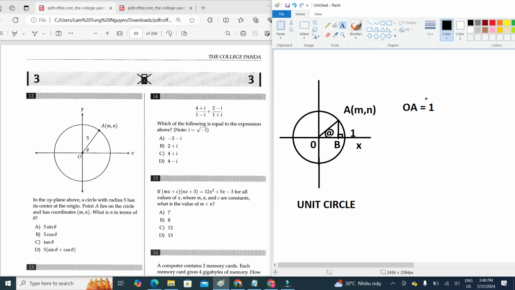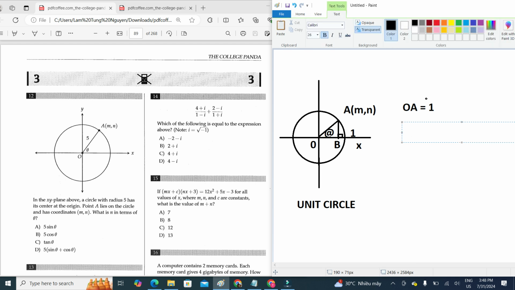So we know that the side of the right angle triangle is going to be equal to the hypotenuse times the sine function of the opposite angle. So a side is equal to the hypotenuse times the sine of the opposite angle.